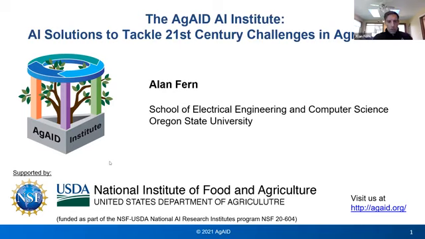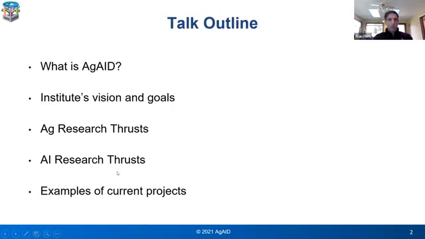So I will flip the screen here if I can. There we go. So, a brief outline. I'm going to first give you a little idea about what AgAID is and what the vision and goals are for this institute. Then I'm going to, at a high level, talk about the AgAID research thrusts, the ones that are ag-oriented thrusts, and then AI-oriented thrusts.